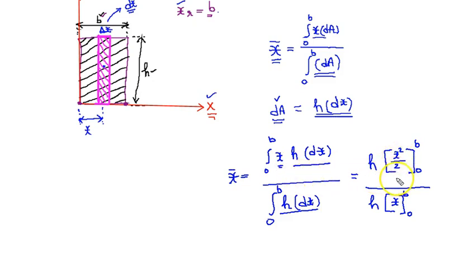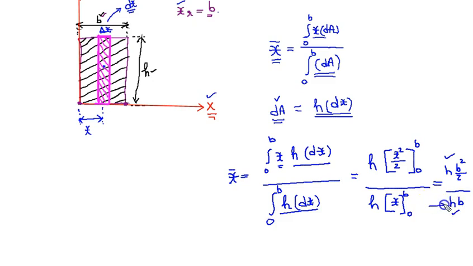So this expression comes out to be x squared over 2 with x between b and 0. If we simplify, the numerator comes out to be h times b squared over 2, and the denominator comes out to be hb.